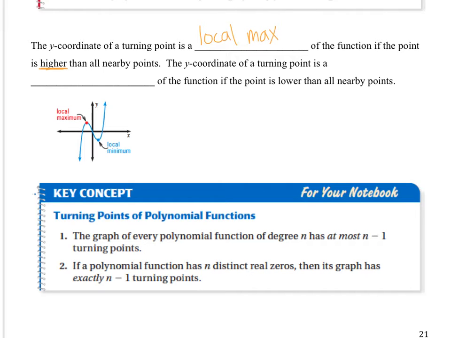And it's going to be a local min if the turning point is lower than all your nearby points. So it gives you an example. So turning points is where you're changing directions in the graph. So we're going up, up, up, up, then we turn and go down. Then we're going down, down, down, and we're going up again.